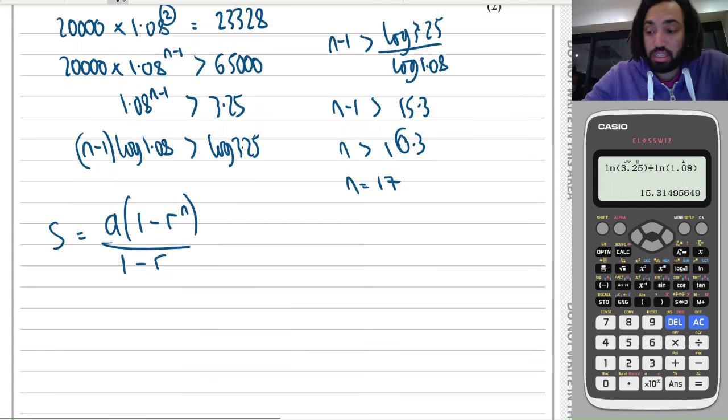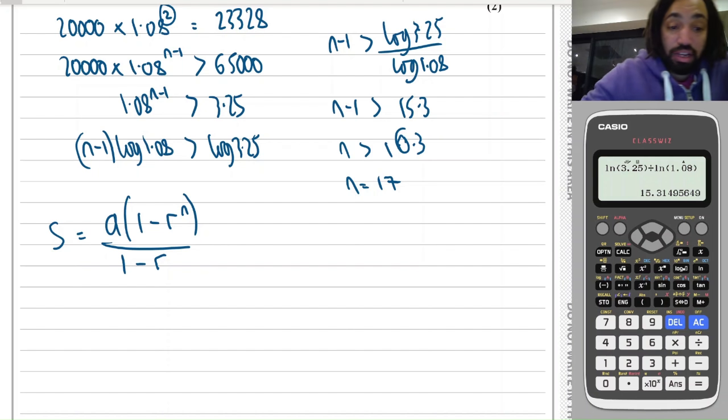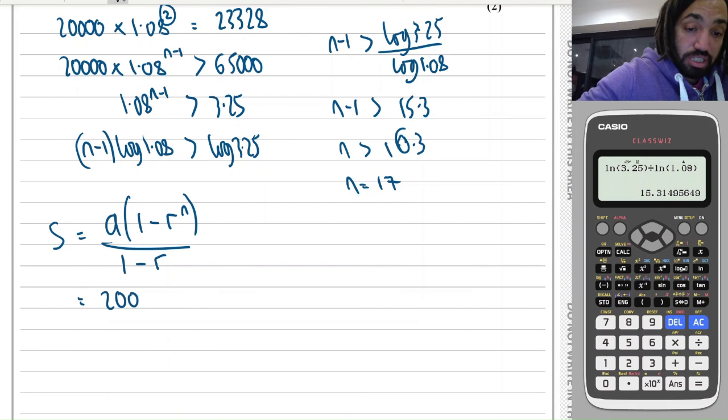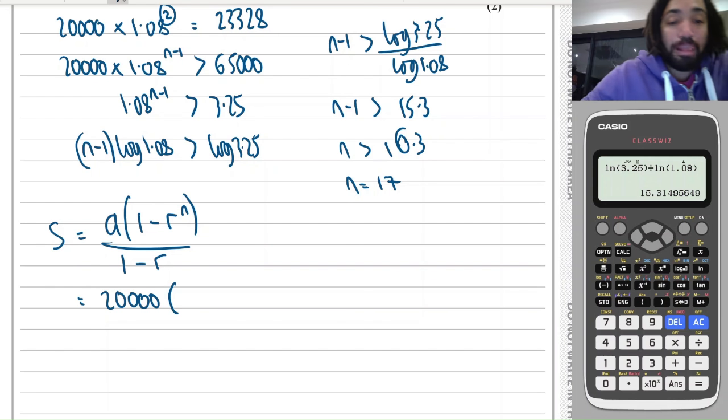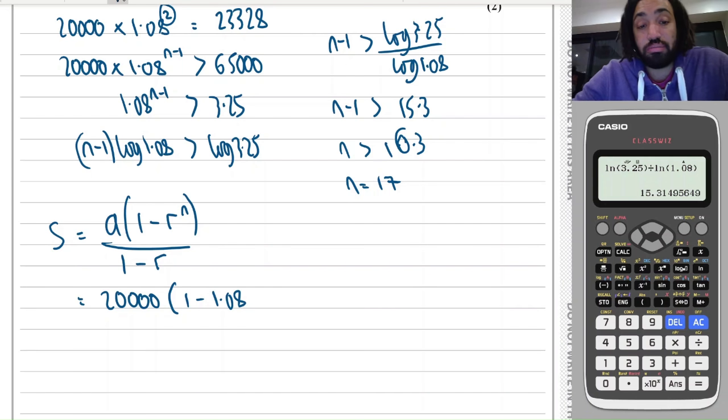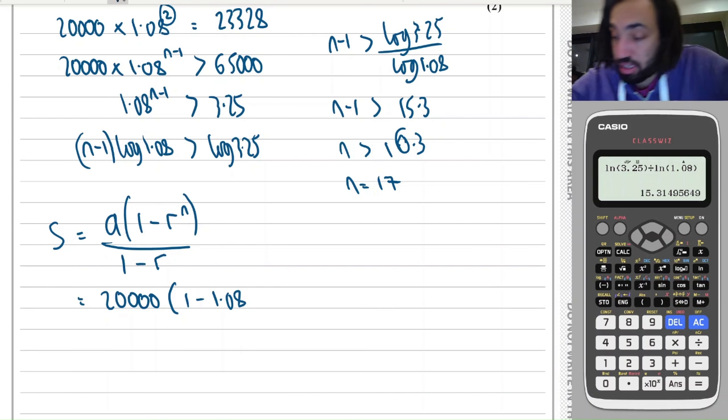So in this case, the starting value is 20,000. That's the first term.